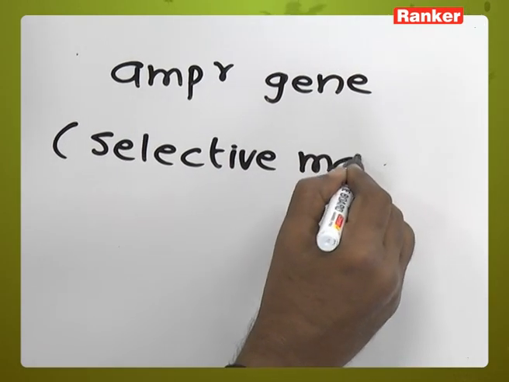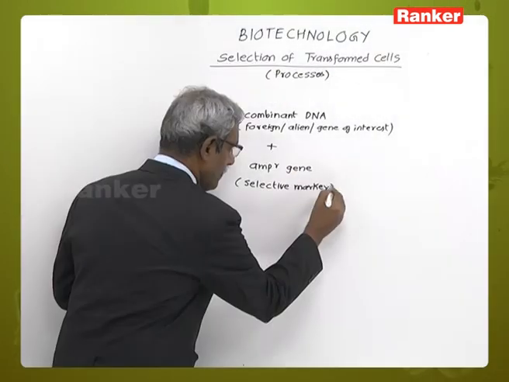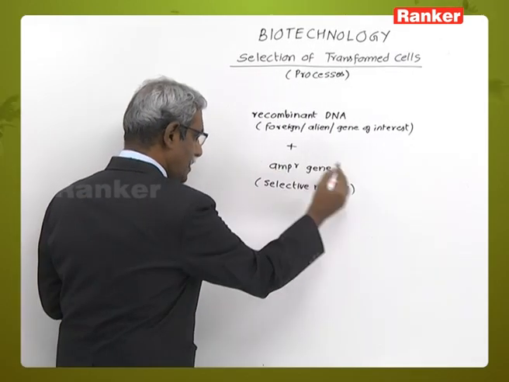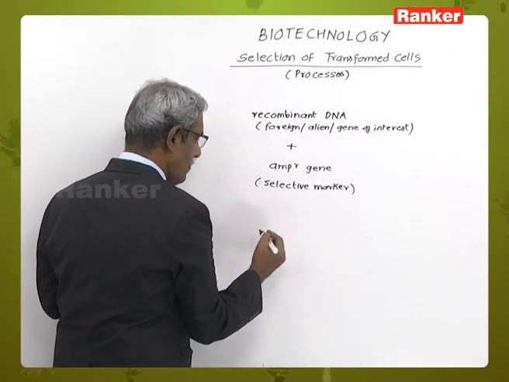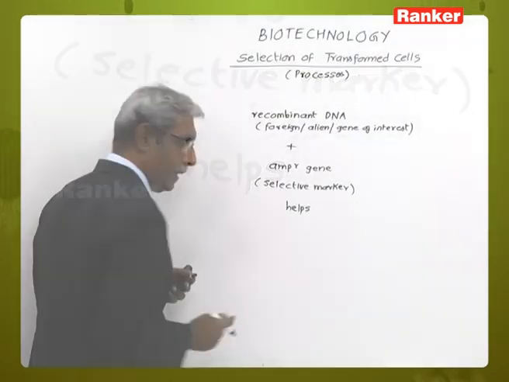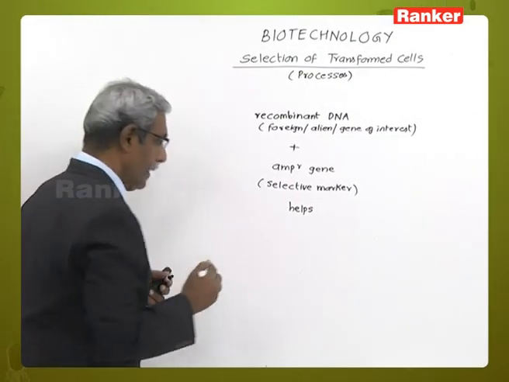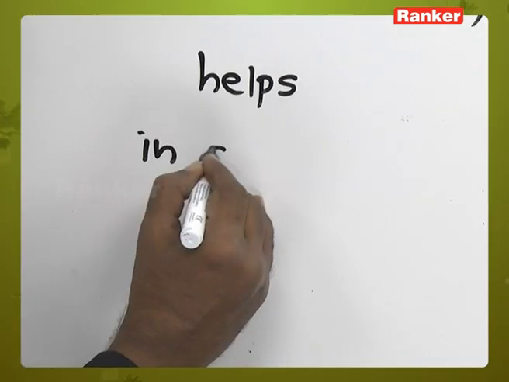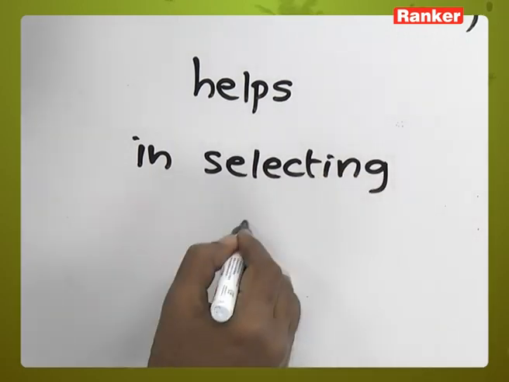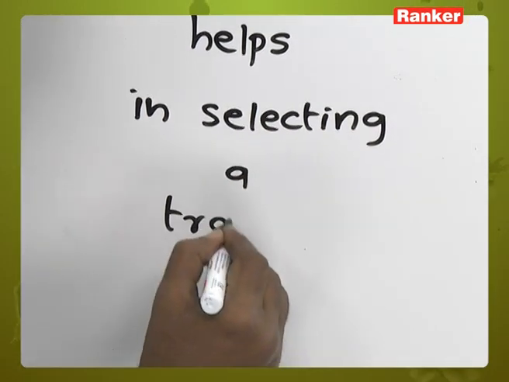It is termed as a selective marker. What does it do? It helps in selecting a transformed cell.